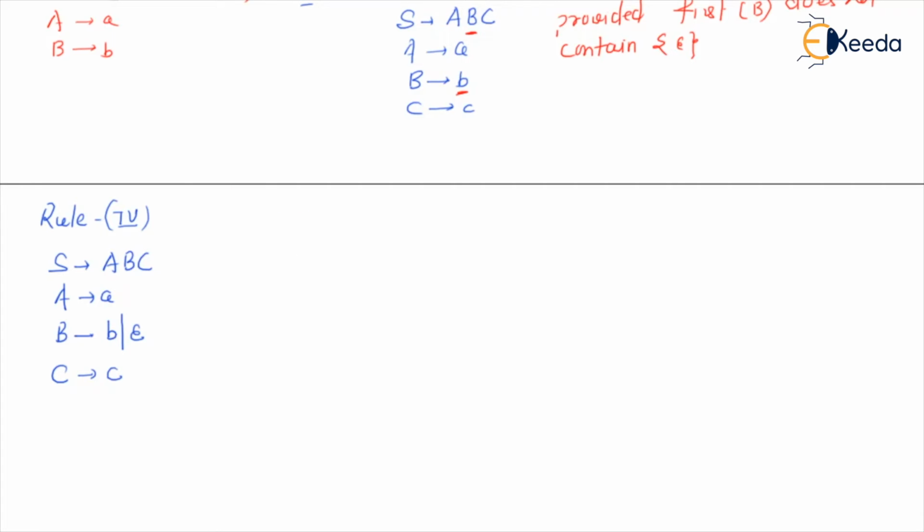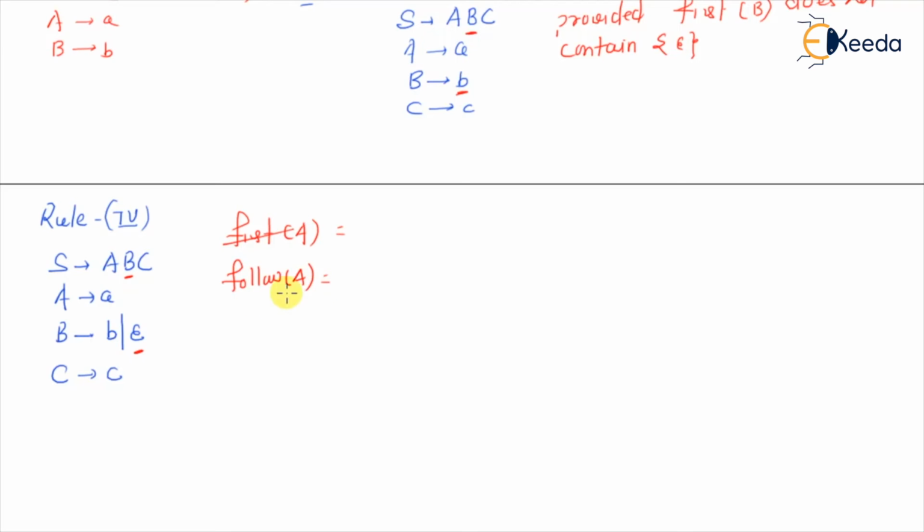Now again I want to compute follow of capital A. What is follow of capital A? Follow of capital A is your first of B, but now B contains epsilon.